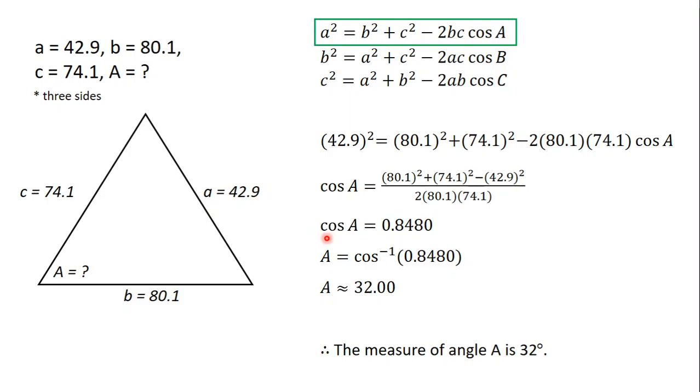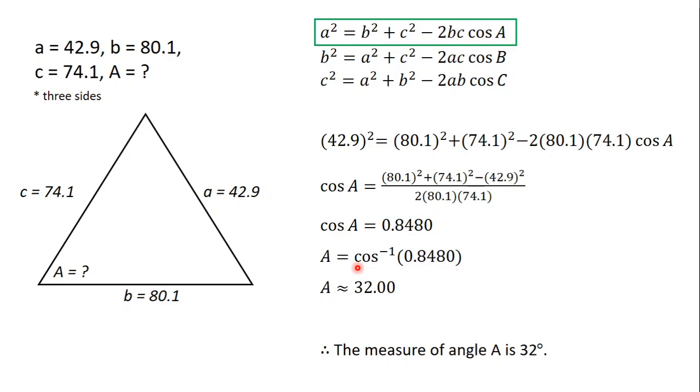Again, we are not solving for cosine A. We are solving for the measurement of angle A. So we are again using the inverse trigonometric functions, and on this item, we're going to use arc cosine. So A is equal to arc cosine 0.8480.